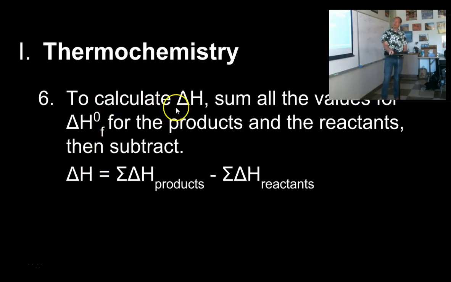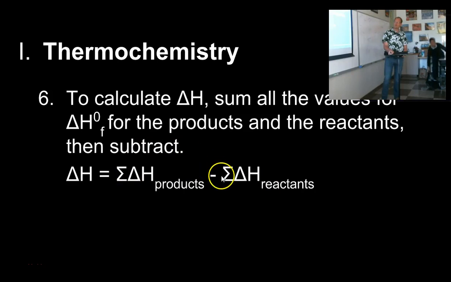And so to calculate the delta H for the reaction, what we have to do is look at the enthalpy of formation for all the products, and then for all the reactants, and then subtract. So the summation of the values for the enthalpy of all the products minus the summation for the enthalpy of all the reactants.